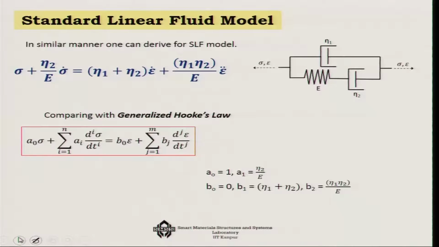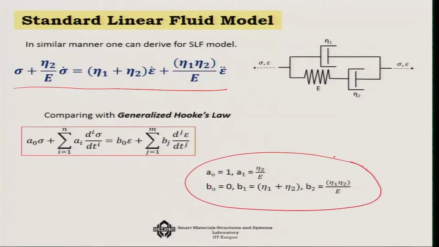That is something like one of the anti-Zener models, and in this case this is the way the relationships will come out, and you can fit it with the generalized Hooke's law with these values. You have to keep in mind that all the higher order values A2, A3s are zeros, and similarly B2, B3s, all higher order terms are zeros, for the standard linear fluid model.